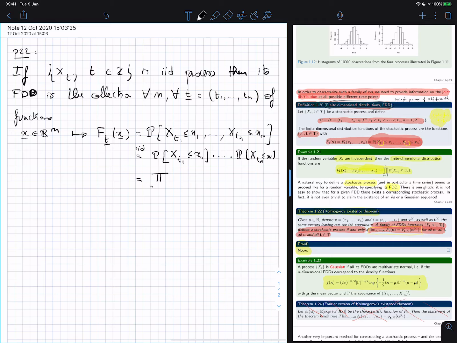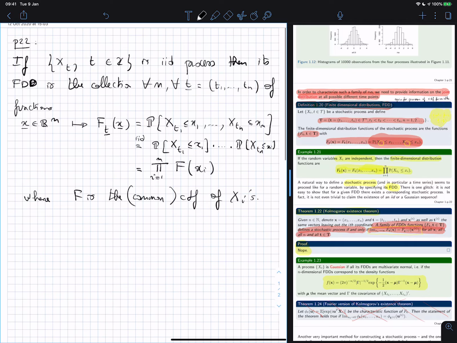That's the product for i going from 1 to n of F of x_i, where F is the common CDF of the X_ti's. Is that okay with everybody, what I've just done here? Yes. Okay, great, thank you.